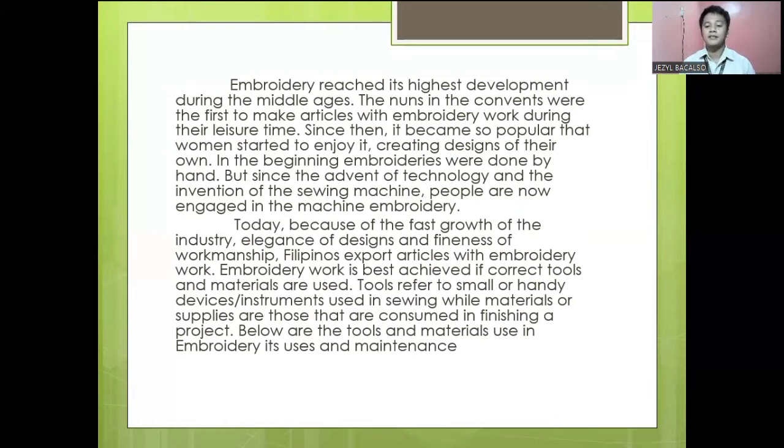Embroidery work is best achieved with the perfect or correct tools and materials used. Tools refer to small or handy devices or instruments used in sewing, while materials or supplies are those that are consumed in the finished product.